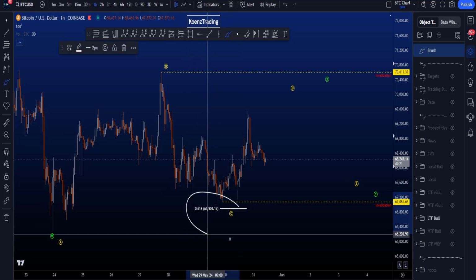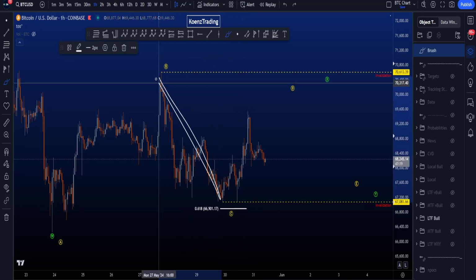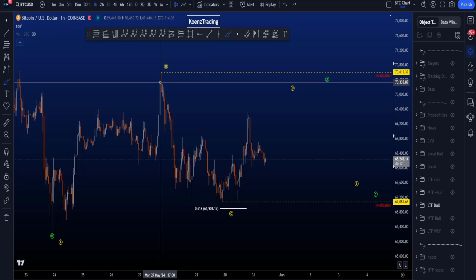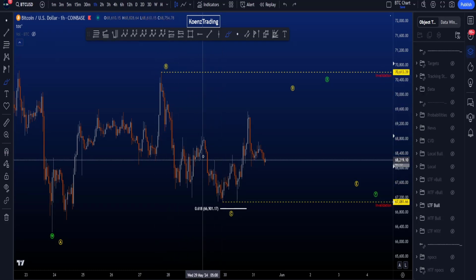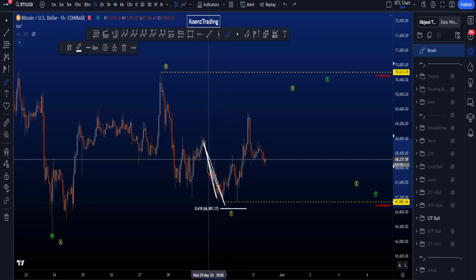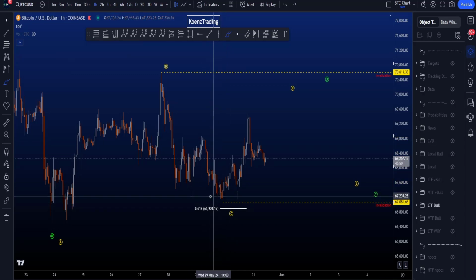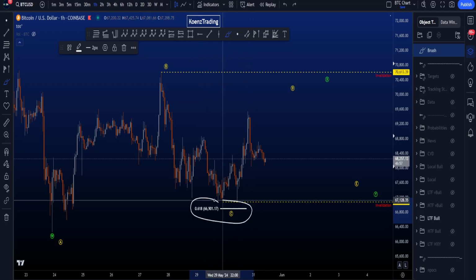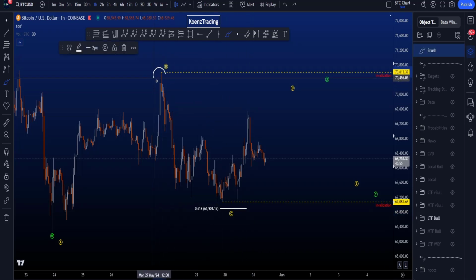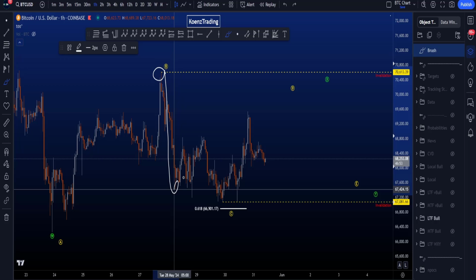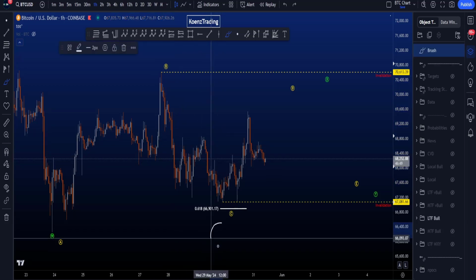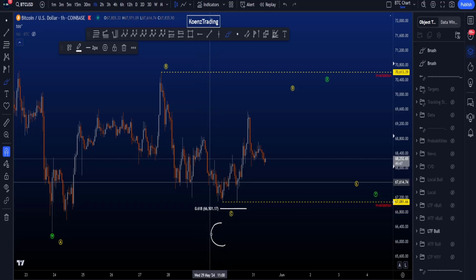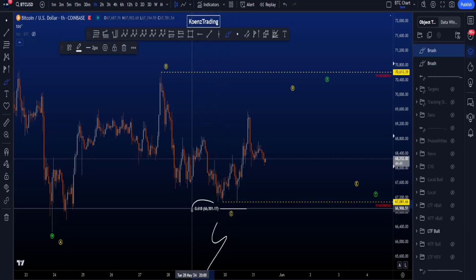If we look at our wave C here and count this move to the downside as a 3-wave structure, either in an A, B, C or a W, X, Y, then what we can see is that the second leg to the downside here, either a wave C or a wave Y, did not touch the 0.618 trend-based fib extension, taken from the high to the low to the high over here, which is very rare that a wave C doesn't even hit the rare target for a wave C, and that a wave Y doesn't hit the common target.